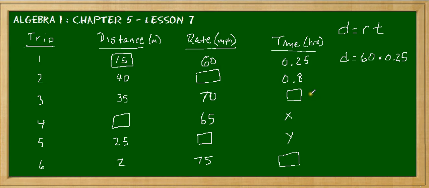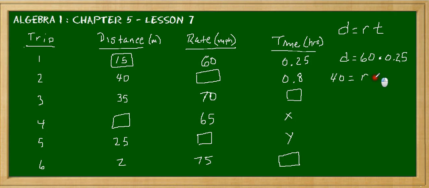And that was an easy one because we're determining distance is equal to rate times time. Now in this case, we actually have the distance, and that's going to be equal to the rate, which we do not know, times the time.